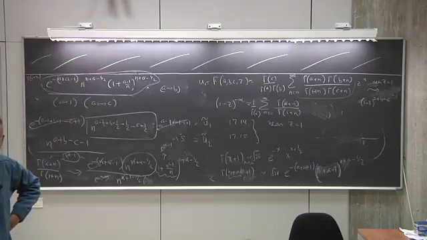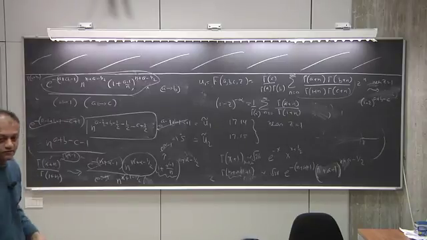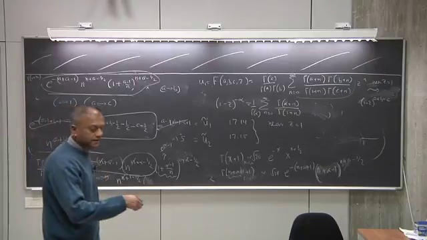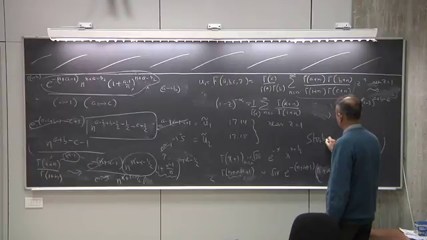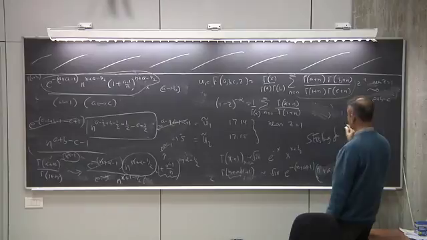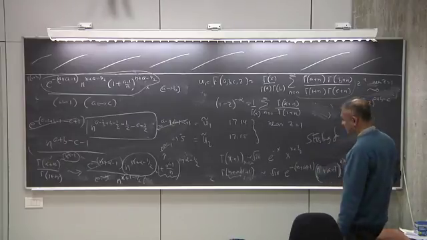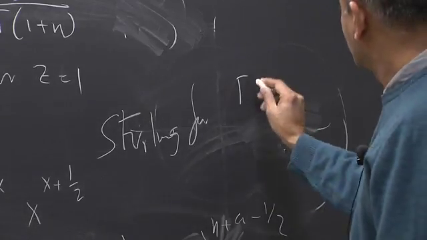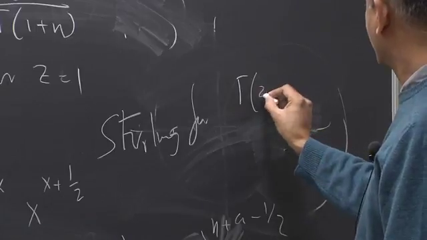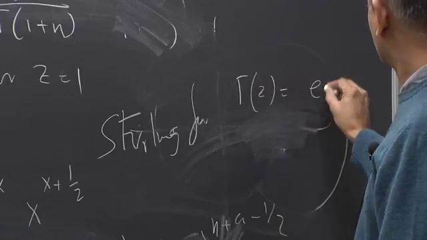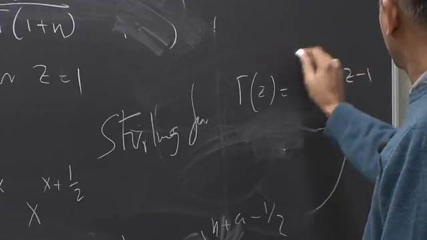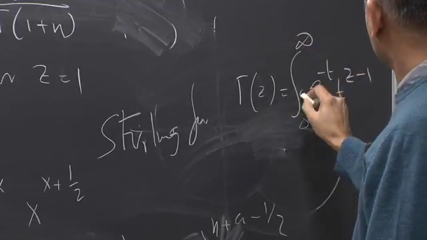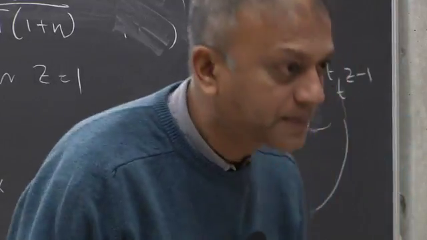This is from the Stirling formula. You remember in the second chapter, we had the integral expression for gamma, right? I think gamma z was the integral of e to the minus t, t to the z minus 1, dt.